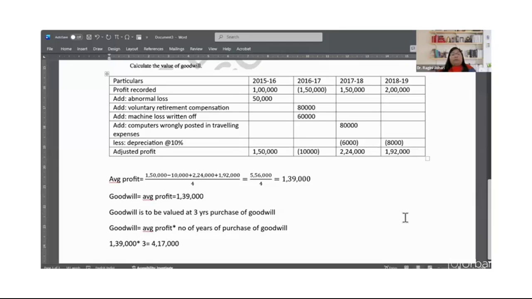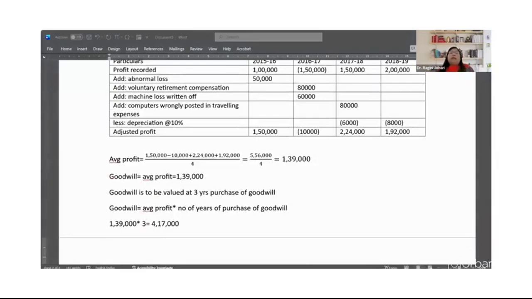Now the next method is super profit. All right. The super profit method, super profit is what? Super profit is the clear-cut profit which is arrived by subtracting normal profit from the average. Okay.